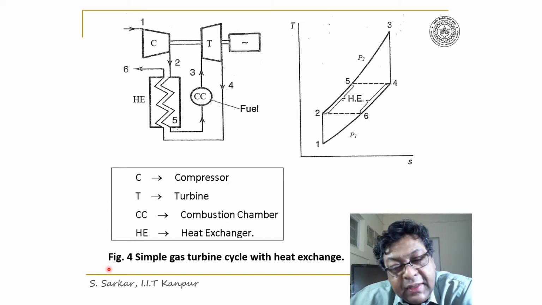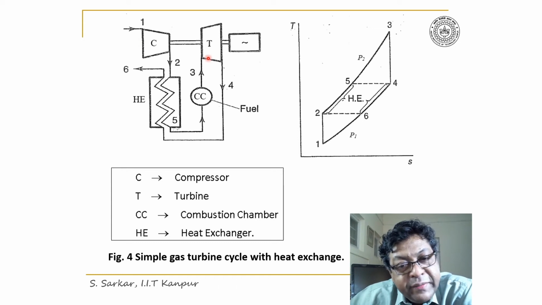A simple gas turbine cycle with a heat exchanger has been illustrated in figure 4. It consists of a compressor, turbine, and a generator as before.